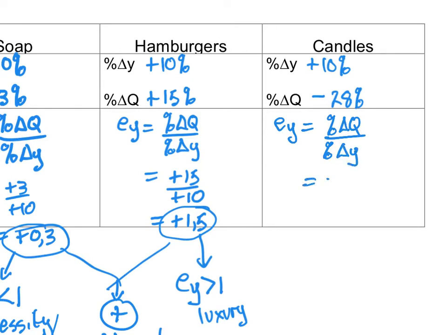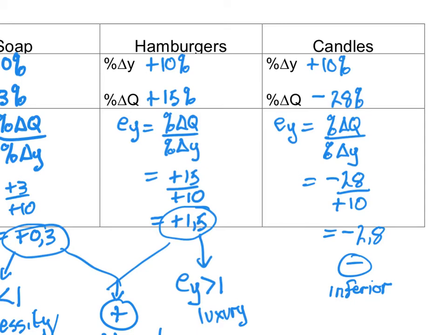So in this case we have minus 28 divided by plus 10. A negative divided by a positive will give us a negative value. So we have minus 2,8. So because the coefficient value is negative, we know that this is an inferior good.